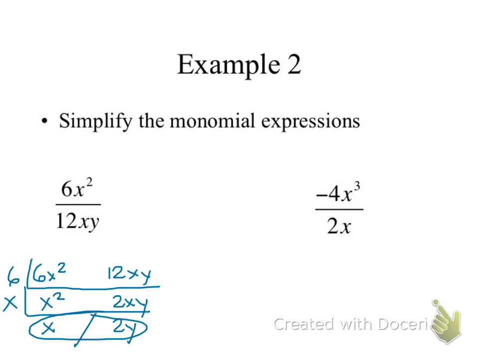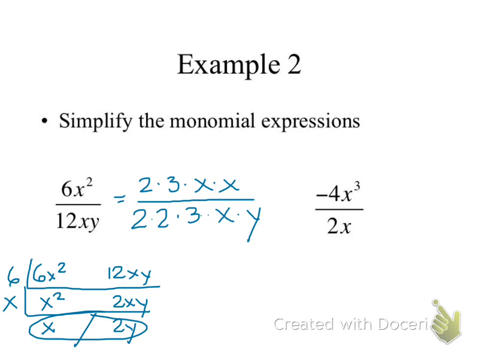Or we can write this out as a product of its prime numbers. Do the prime factorization. Since the factor tree for 6 would be 2 times 3, you could write times x times x. For 12, it's 2 times 6, so there's just one more 2 there, like a 4 times 3, times x times y, and then come back out and cancel.